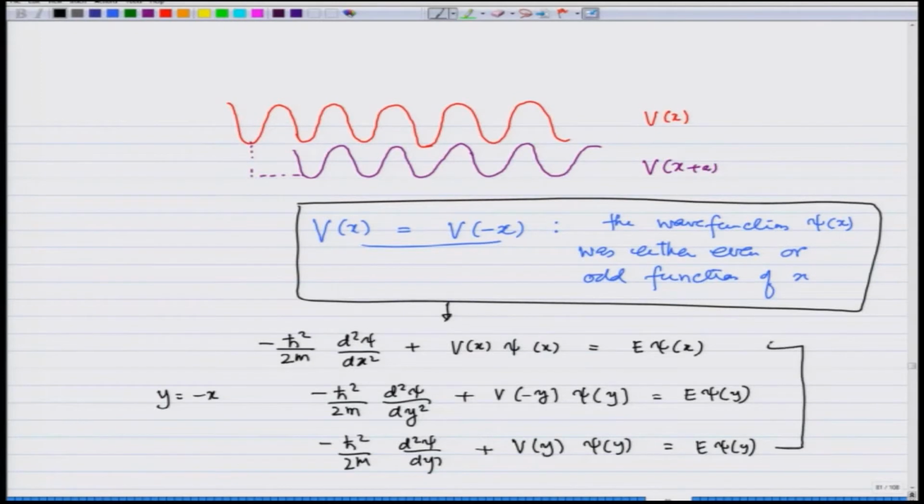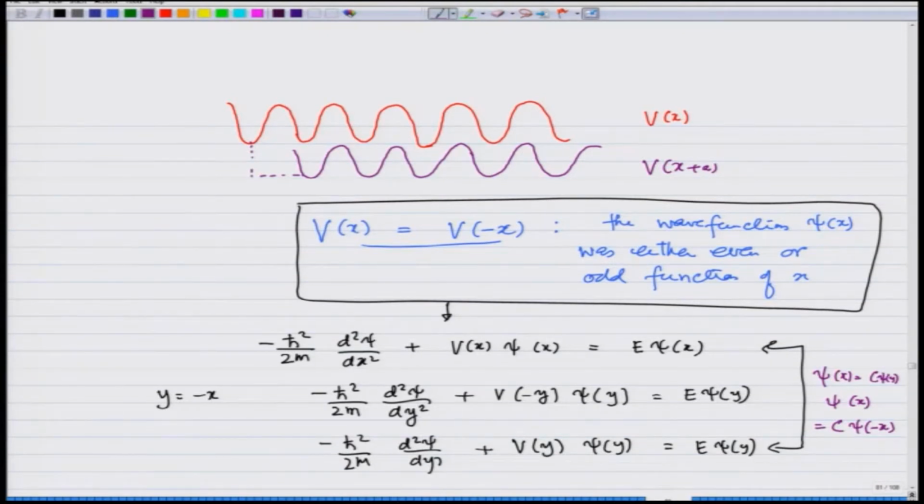Notice that the two equations are exactly the same. So, they have the same solution, and therefore, at most the solutions could differ by a constant. So, we had psi(x) equals some constant times psi(y), or psi(x) equals some constant times psi(minus x).